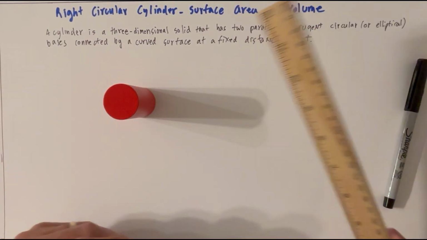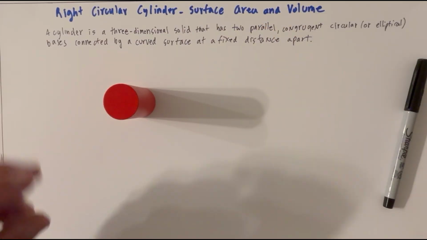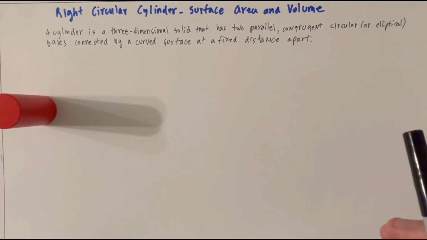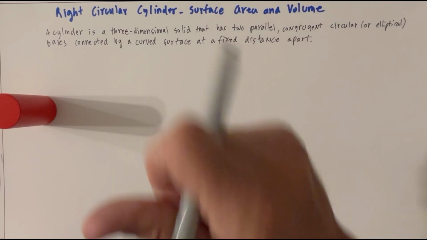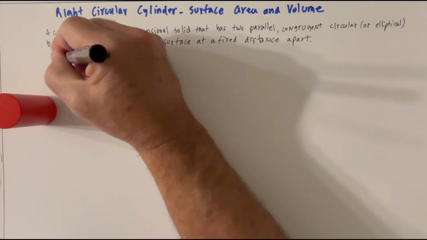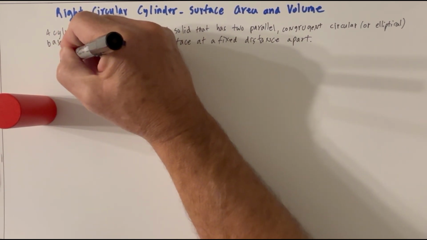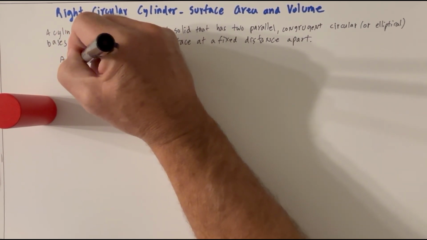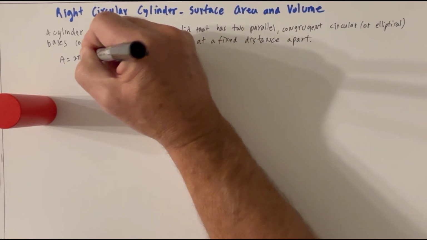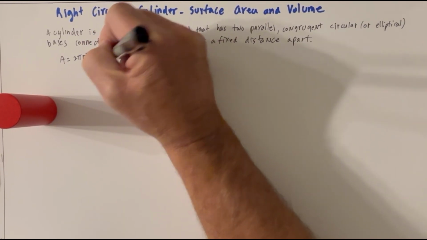We want to measure the surface area and the volume. So our equation for the surface area is going to be equal to 2 pi r squared plus 2 pi RH.